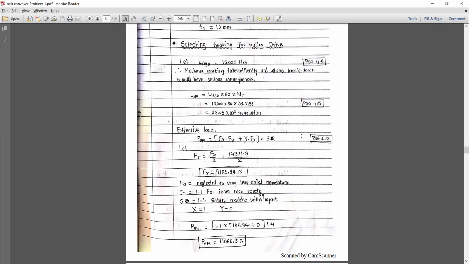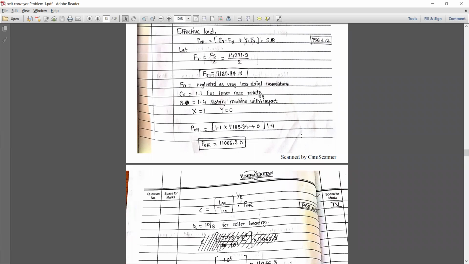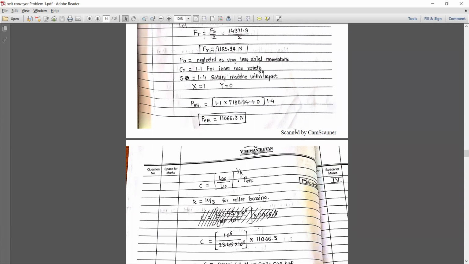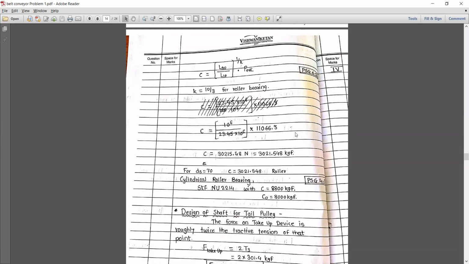Considering X is equal to 1 and Y is equal to 0 because we are neglecting the axial thrust, so considering pure radial condition, putting all the values, the effective load is equal to 11.0663 kilonewton.